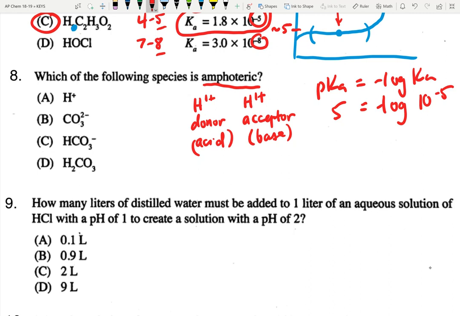But if we look at these other 3 choices, we can see that H2CO3 is clearly an acid. It has 2 hydrogens potentially to donate. We can imagine it donating 1 and forming a hydrogen ion and HCO3. But it's not likely to take another hydrogen ion because it's already neutral.